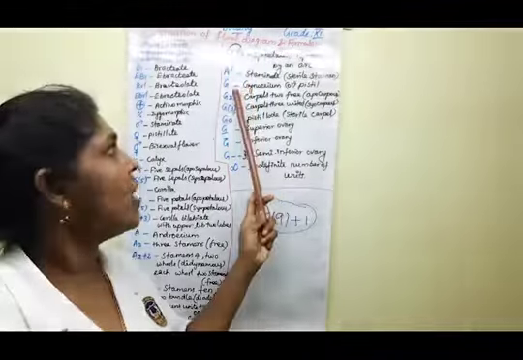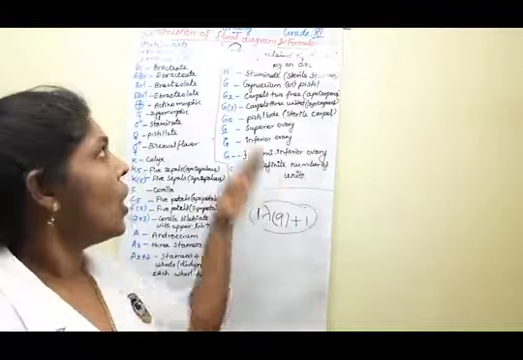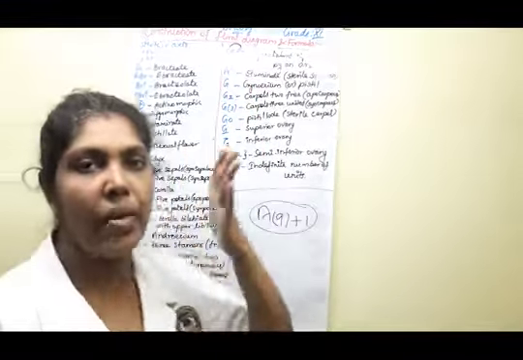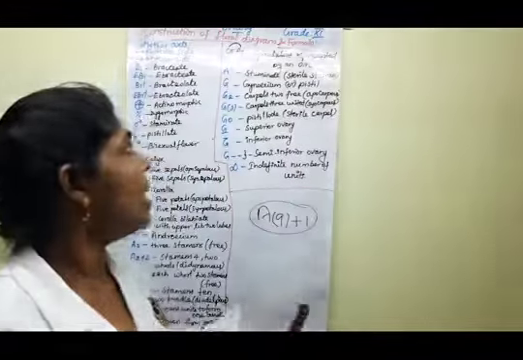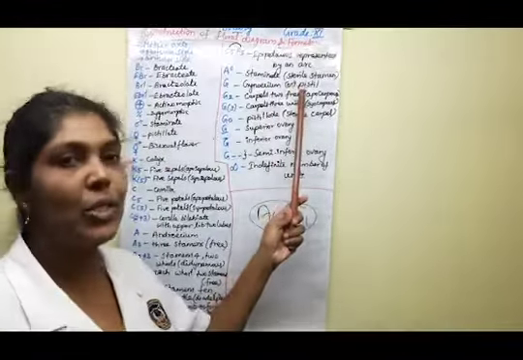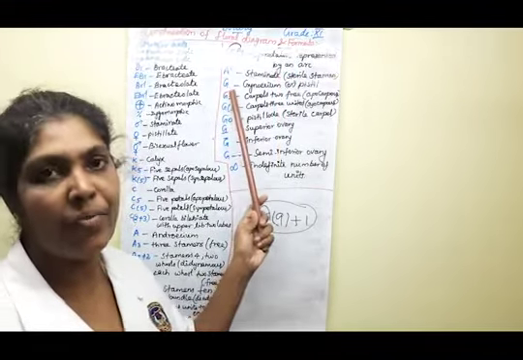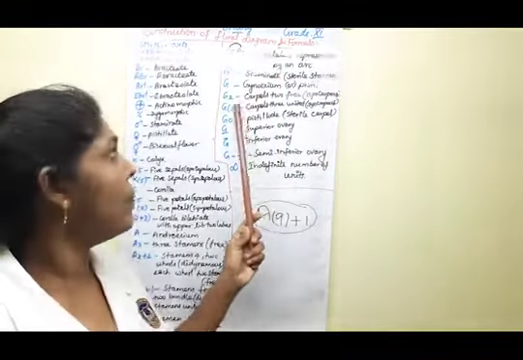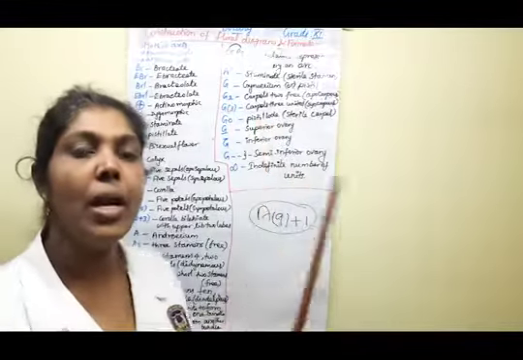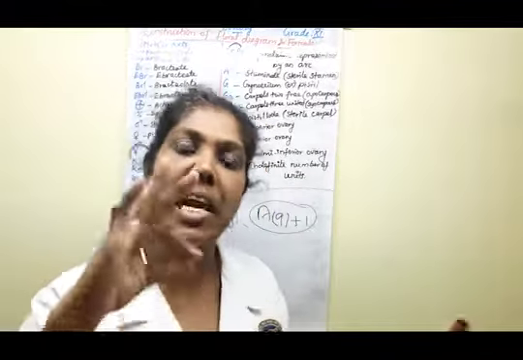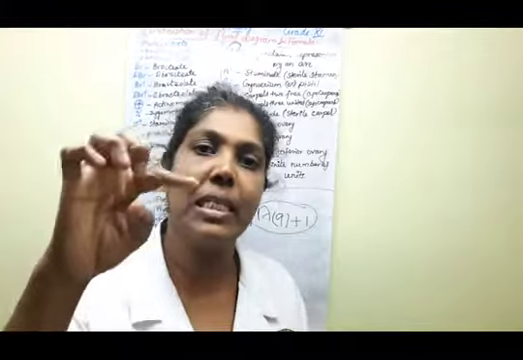Clear? Next one, gynoecium. This one also you have to follow in a similar way to the androecium. First, the gynoecium or pistil is present in the flower, so the floral formula letter is G. Suppose the number of carpels present is 3, then you just write G3.